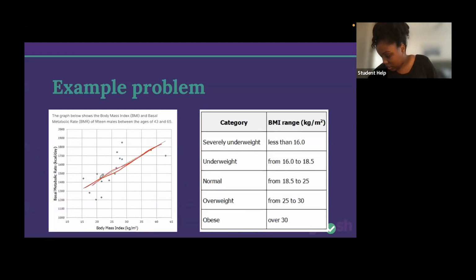Of course, it's not going to be a straight line because I can't do one to save my life, right? But it's telling me here, as we wrote before, BMI goes up, BMR goes up, right?